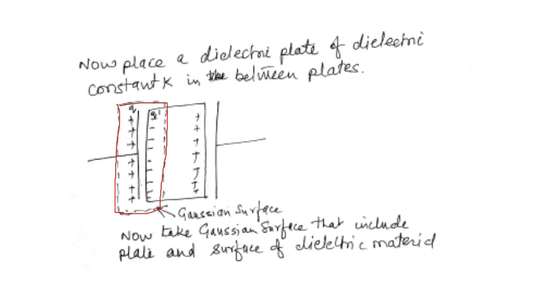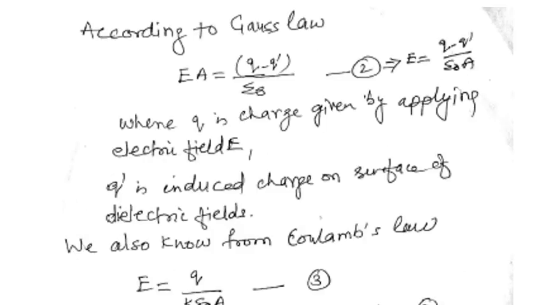I am assuming the dielectric constant K here. In this case, you can write this law as E times A equals Q minus Q prime over epsilon 0. So from here, you can calculate the electric field.